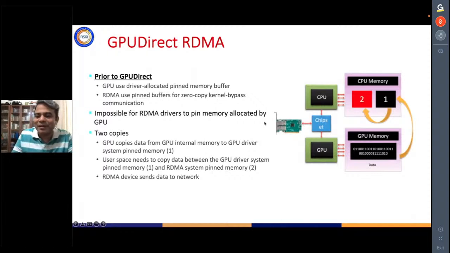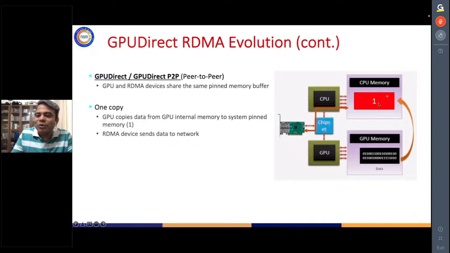What we did was, rather than doing this memory copy, we worked with chipsets and technologies where we said, let's have a unified memory in the system RAM, which is addressable simultaneously by the GPU as well as the adapter.